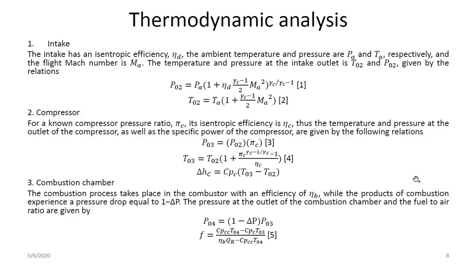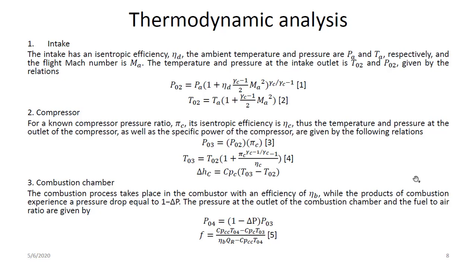Then you can get the temperature at entry to the compressor using this formula. And this formula is similar to the formulas that we've looked at under turbojets and turbofans. The temperature at entry to the compressor is given by this formula, which by now is pretty obvious to all of you, I hope.